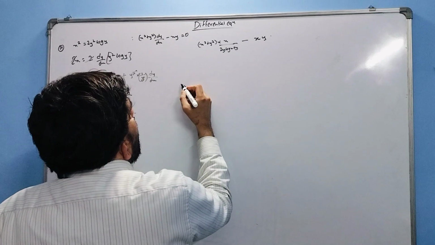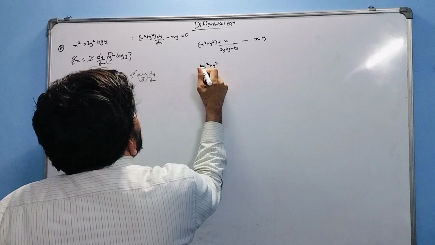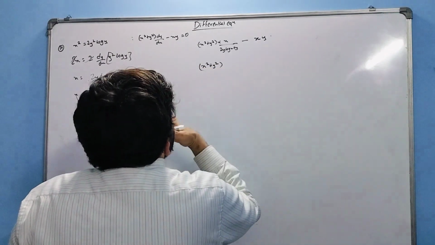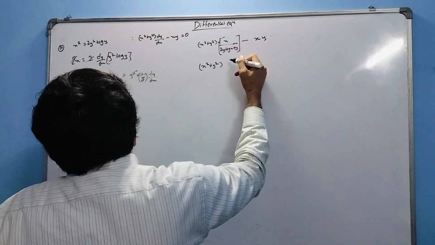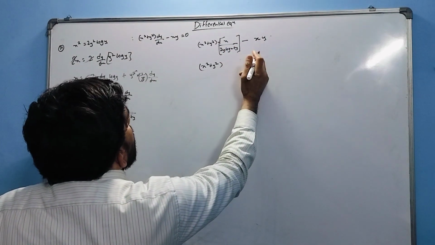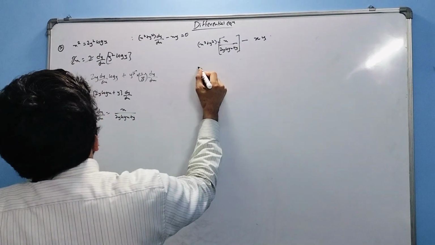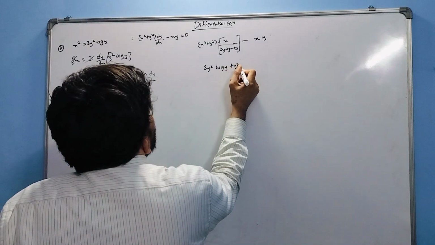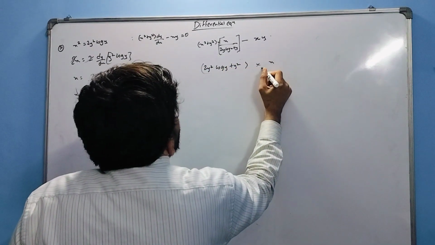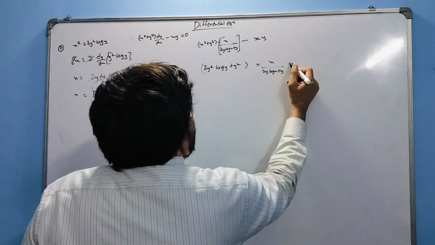Now put the value of x square: 2y square log y plus y square into x upon 2y log y plus y, minus xy.